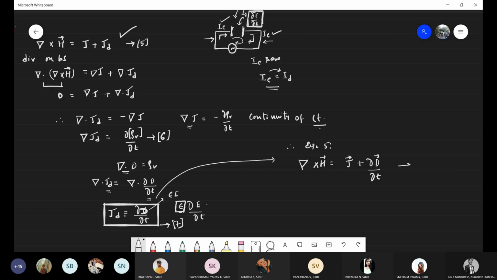So this will be the final equation, equation number 8, where curl of H is equal to J plus dou D by dou T.